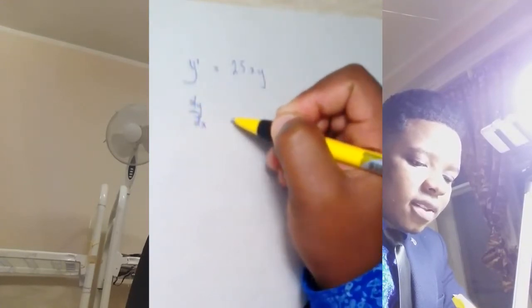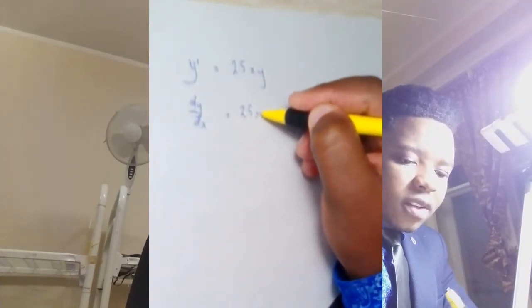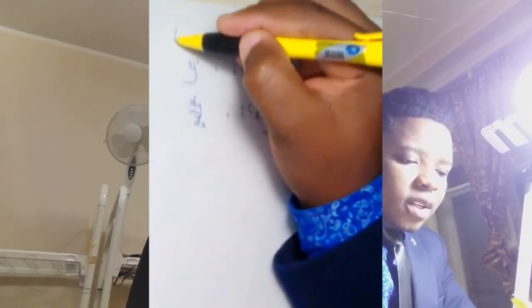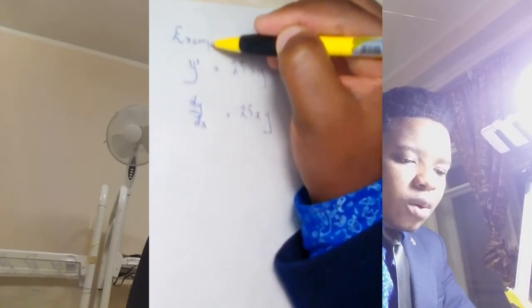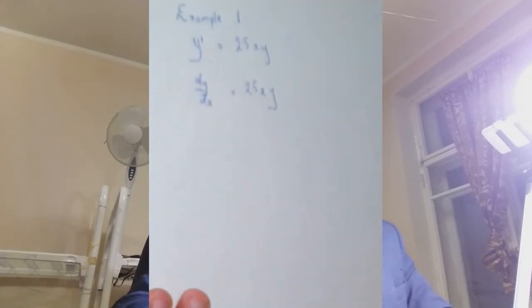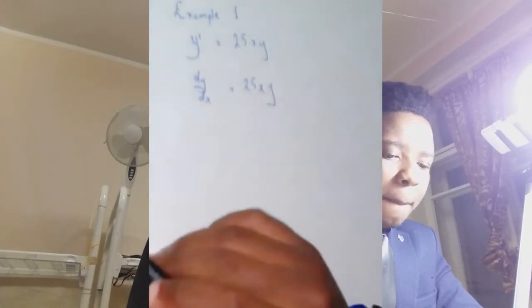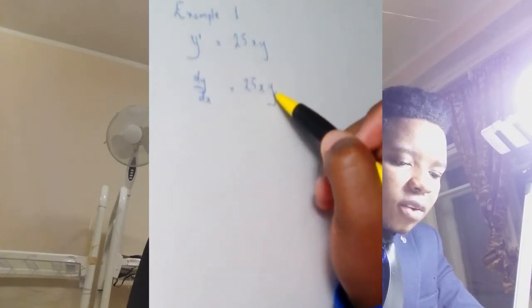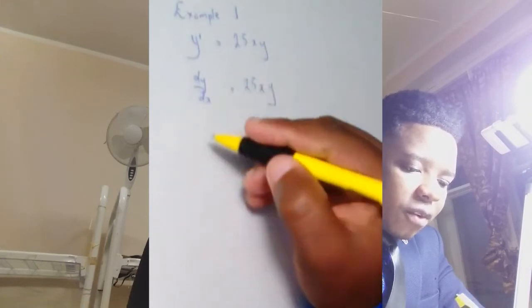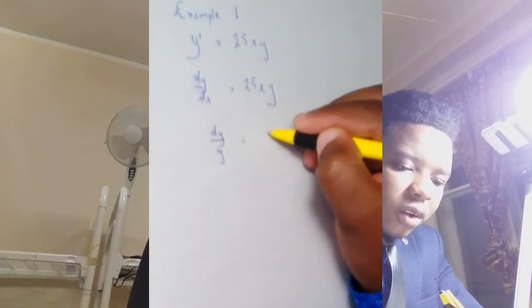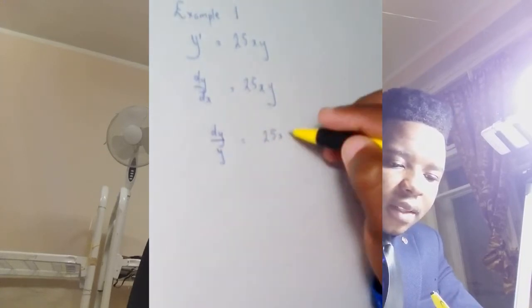So this is the same as dy/dx is equal to 25xy. Let's just say this one is example 1. So we need to split these values. Taking y to the left side, we're going to have dy divided by y is equal to 25x dx.